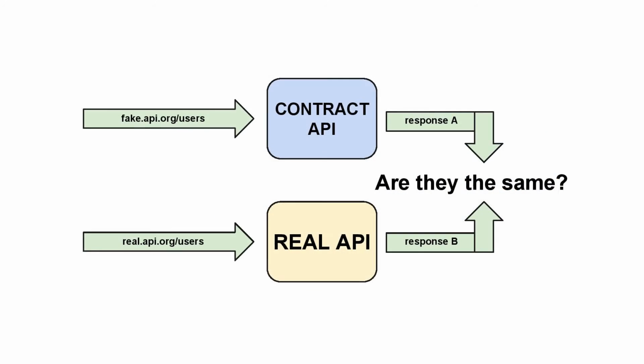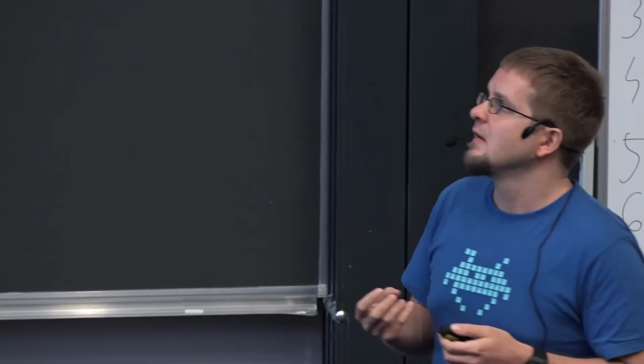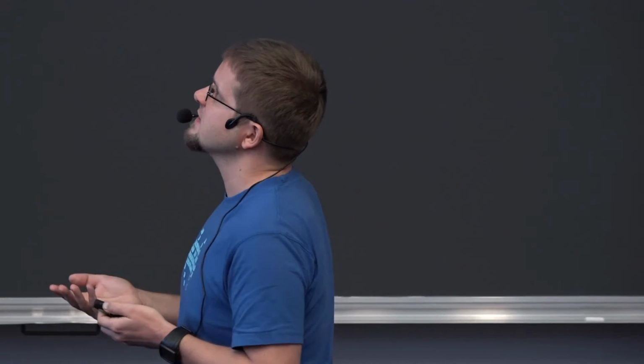Think about it. Contract API is designed to be very similar to the real API, right? So now I can test my real API like that. I will send a request to the contract API.